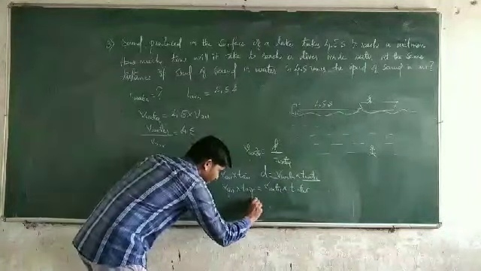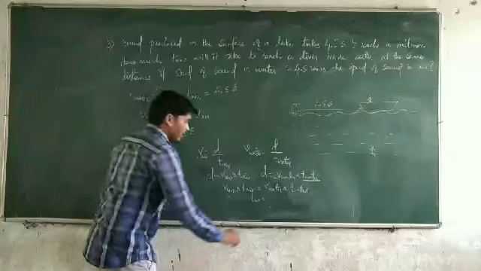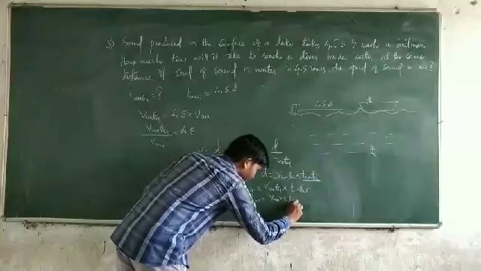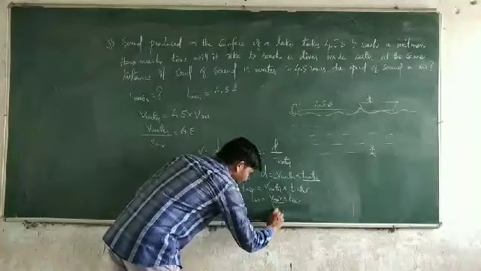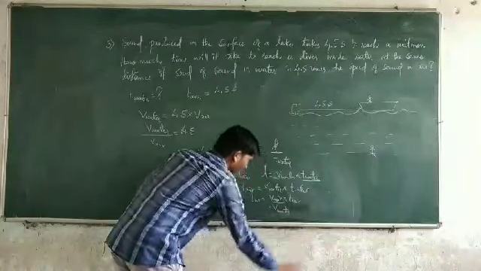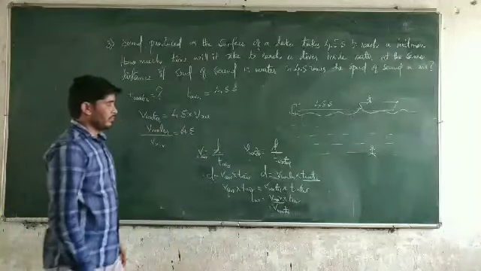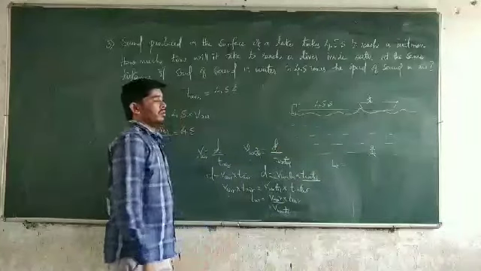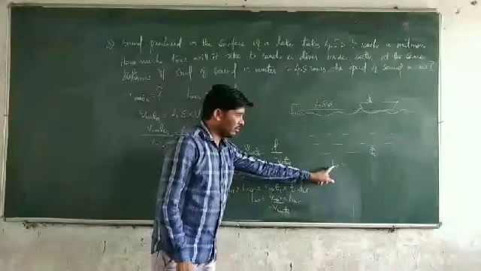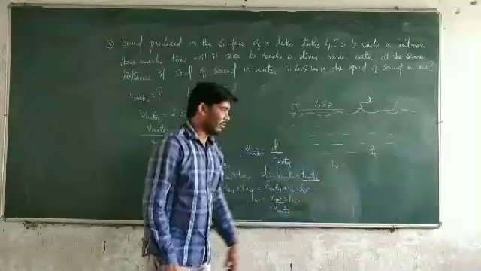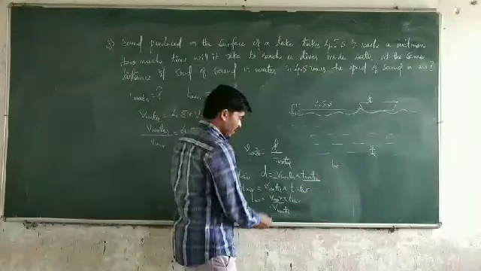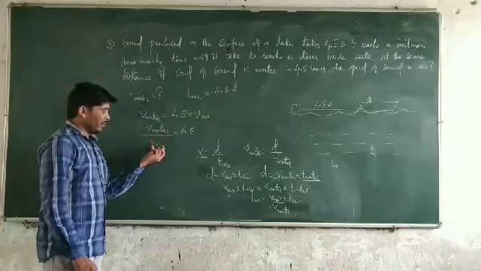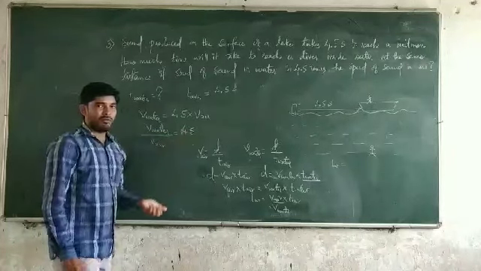So ultimately T of water is equal to V of air into T of air divided by V of water.